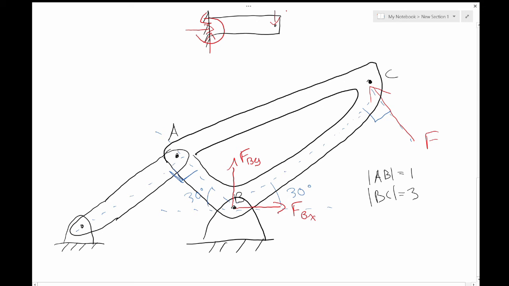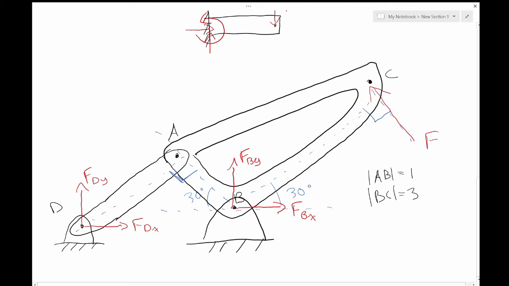And then, similarly, over here, let's label that as well. Let's call that D.